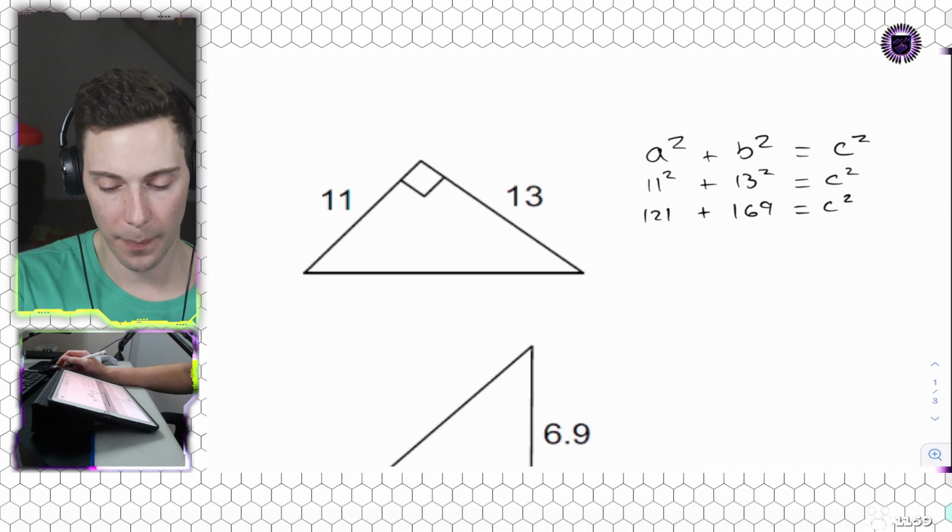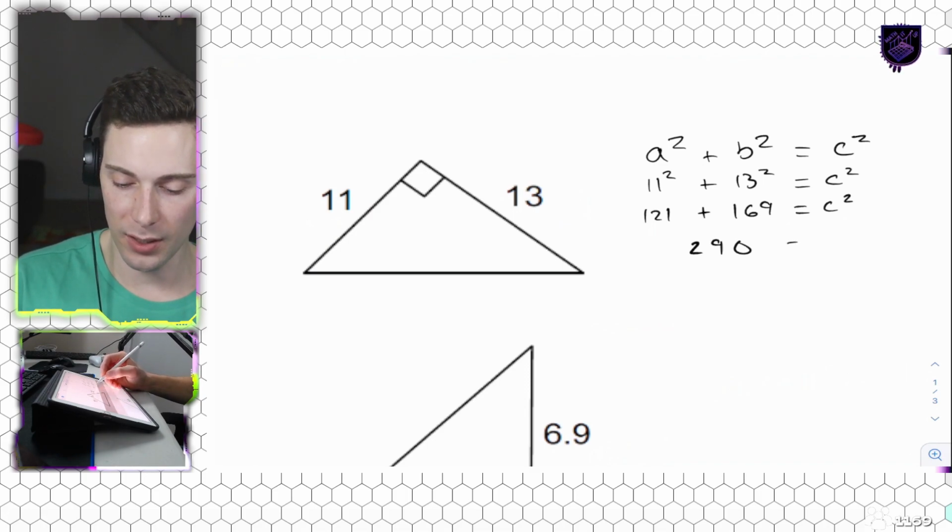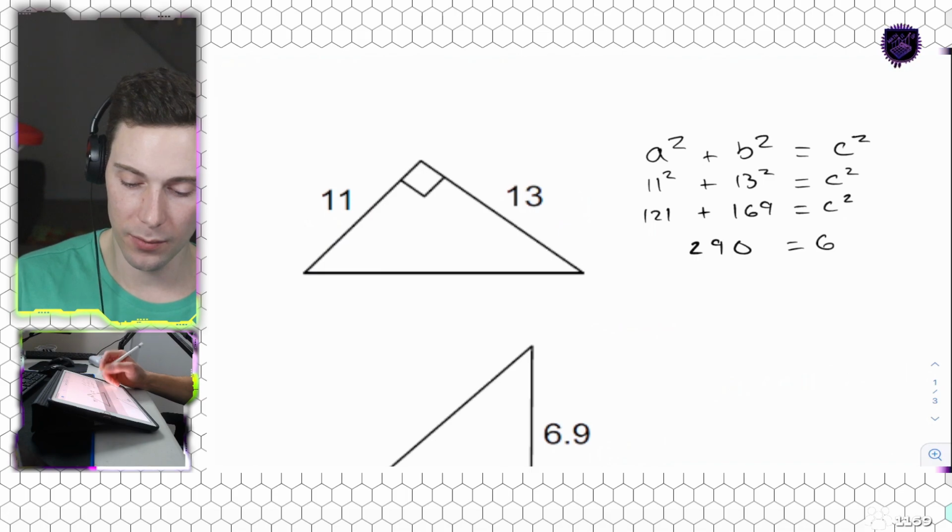Now, that's going to equal 290. 290 is equal to c squared.